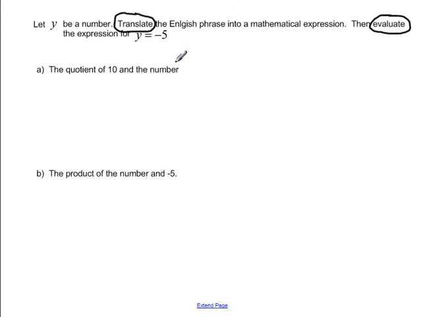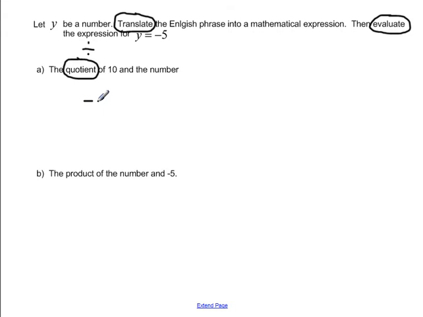So let's take a look at this first one, the quotient of 10 and the number. So quotient. Quotient is one of those key words. Whenever we see the word quotient, we know that we're going to be dealing with a division problem. So when we're being asked to write a mathematical expression for the quotient of 10 and the number, there's a couple of ways we could write that.